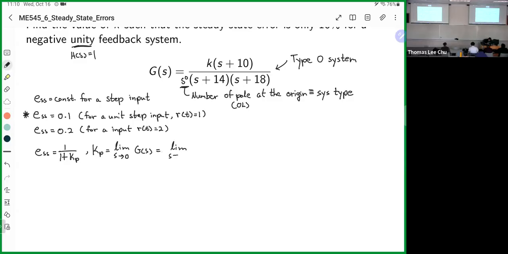Limit as S goes to 0 of small k multiplied by S plus 10 divided by S plus 14 times S plus 18. It's going to be equal to 5k over 126 when we multiply that all out.